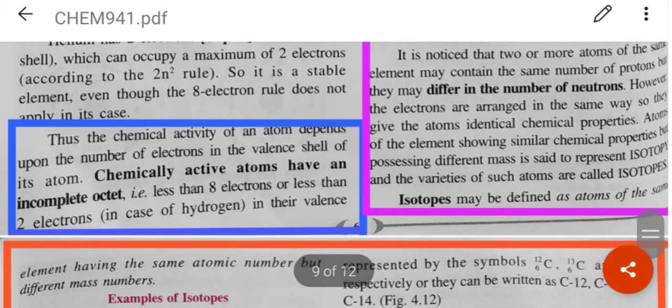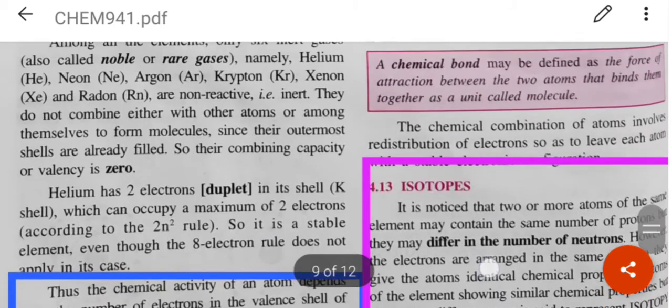So we can say that the chemical activity of an atom depends upon the number of electrons in the valence shell of its atom. Chemically active atoms have an incomplete octet, either less than 8 electrons or less than 2 electrons in their valence shell. Okay.